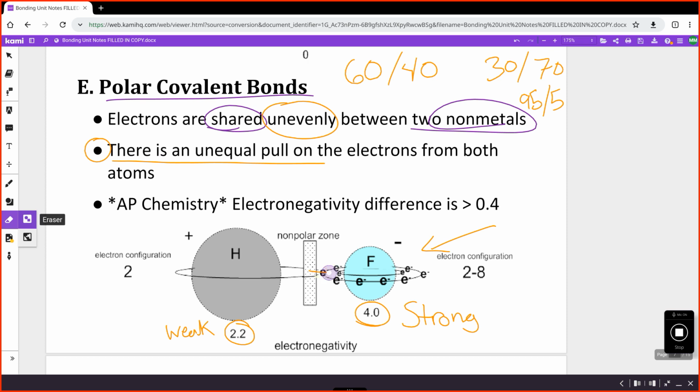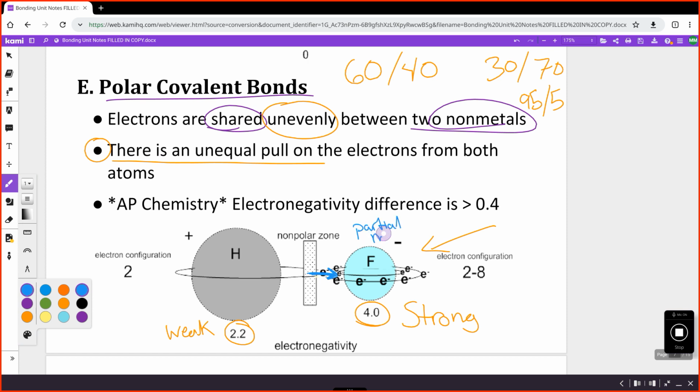It also creates an interesting dynamic of the electron within the bond. And you got to ask yourself, if you understand that the electron is pulled to fluorine, and if you understand that electrons are negative, then this side of the bond, right, this side of the bond is going to be a little bit more negative most of the time.